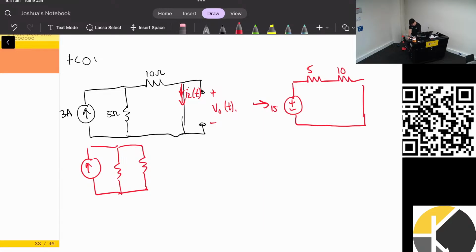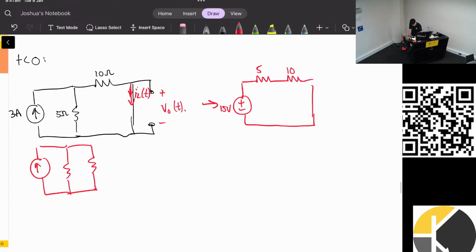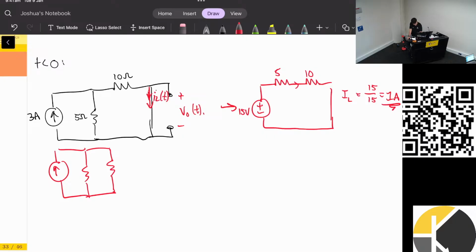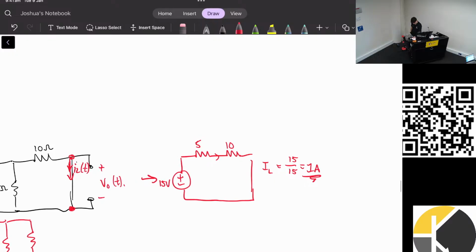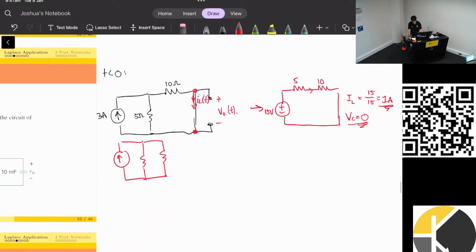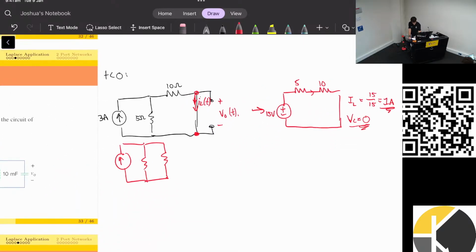Yes, 15. Great. So then, how do I find the current? 15 divided by 15. Yeah. So current is 15 on 15, which is 1 amp. Great. Perfect. The voltage is even easier. The voltage is between this node and this node. So how much voltage is dropped across a short circuit? 0. So VC is just 0. So these are my initial conditions, and I'll be using that to solve this question.